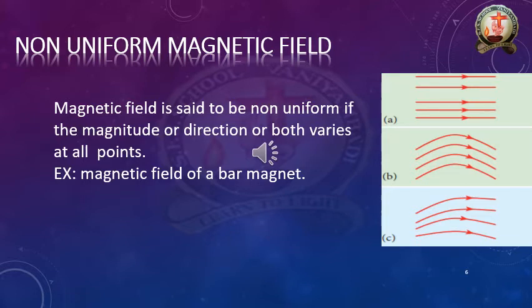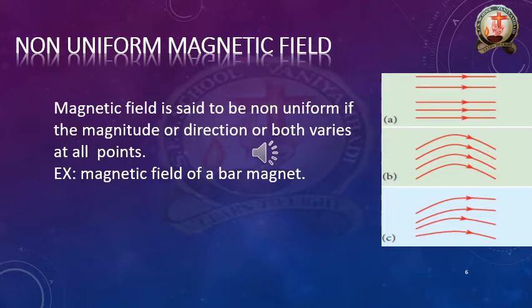So it's not equal, it's not the same. Here the direction of the magnetic field lines is also not the same. The magnitude is not the same, as I told you already, the gap between the lines is not the same. The direction of all the lines is also not the same. You can see the third figure, you can easily identify it.